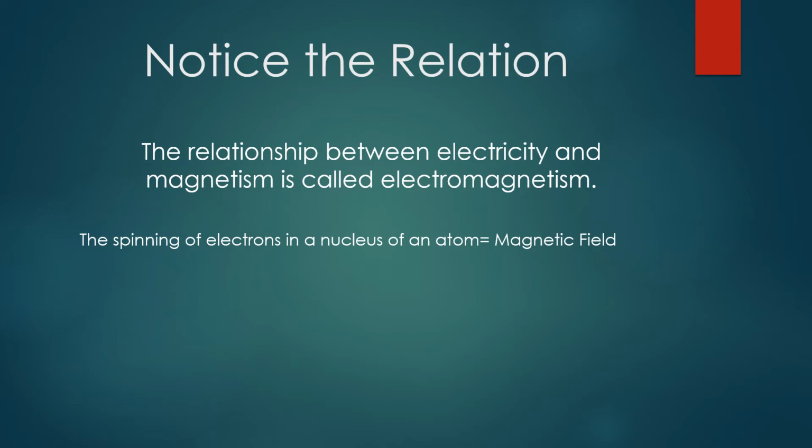So, taking that thought, if we had more electrons moving clockwise than we did counterclockwise, there would be a magnetic field in a direction. It would have a vector. It will be determined upon the amount of electrons in that nucleus and the direction in which they spin.